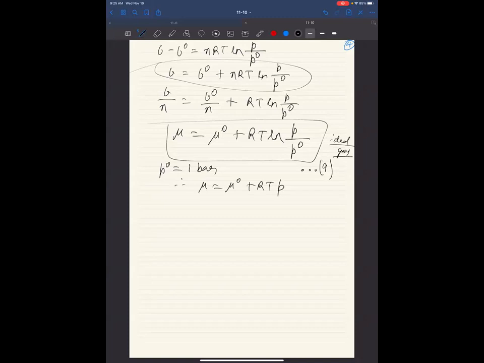So now think about mu A initial. What's mu A initial going to be? Mu A initial will be mu A naught plus RT ln P, right? What will be mu B initial? Mu B naught plus RT ln P.